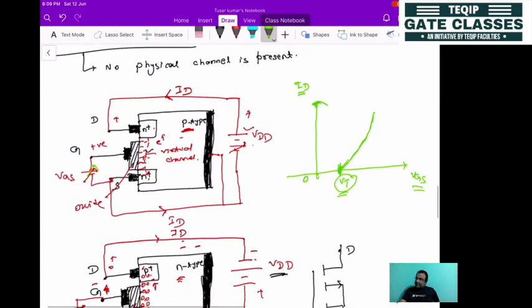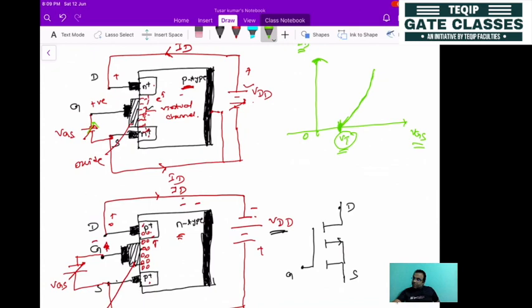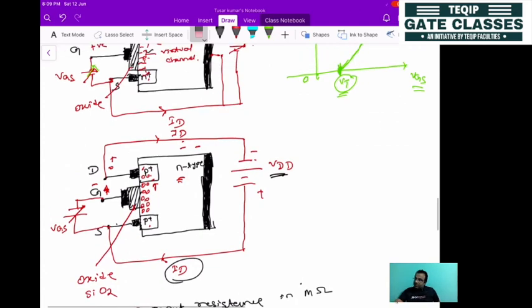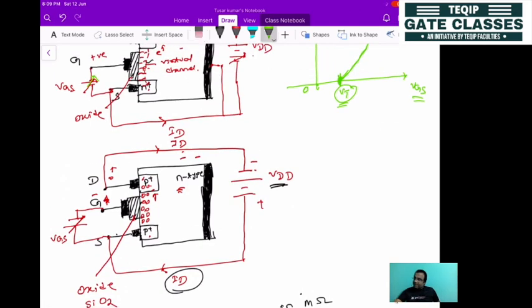Similarly, now if you see the next one, that is nothing but the P channel enhancement type MOSFET.